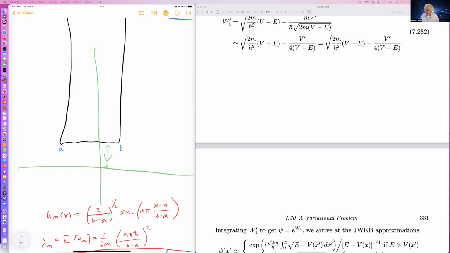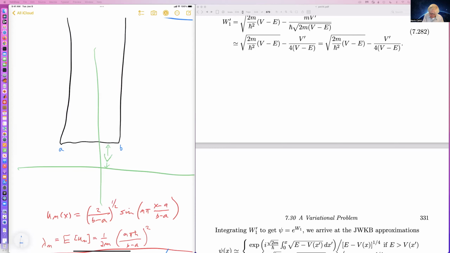So the log of V minus E prime is 1 over V minus E times V prime, but there's a 1/4. There's a 1/4 there, and so 1/4 the log is V minus E to the power 1/4.